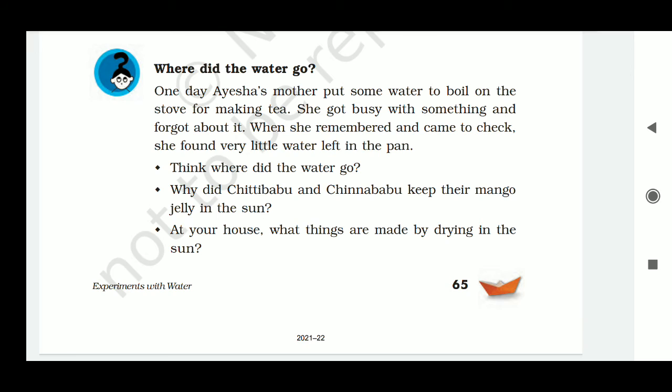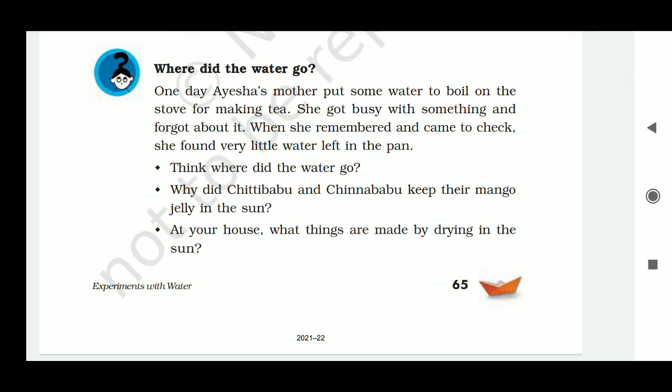So next is, where did the water go? One day Aisha's mother put some water to boil on the stove for making tea. She got busy with some urgent work and forgot about the boiling water.